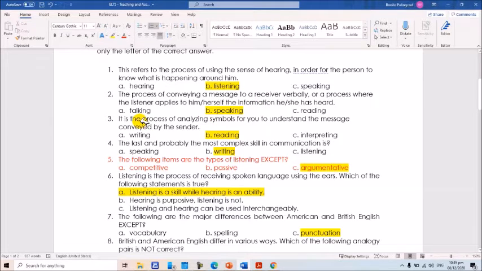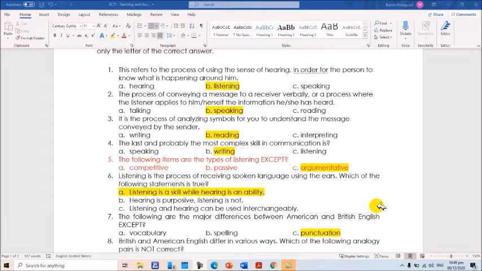Third, it is the process of analyzing symbols for you to understand the message conveyed by the sender. The term sender right here refers to the writer. So the writer in this case is the sender of the text or the message. So this one is reading, B. Number four, the last and probably the most complex skill in communication is, obviously, writing.